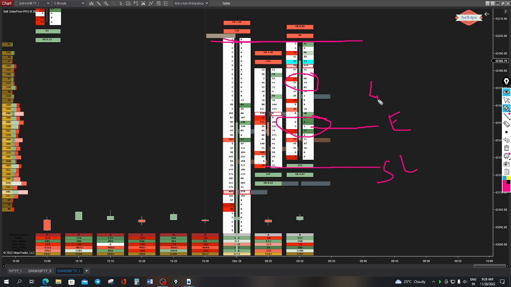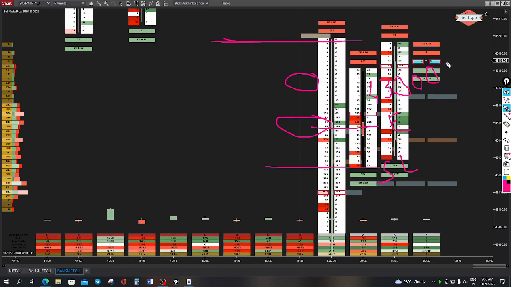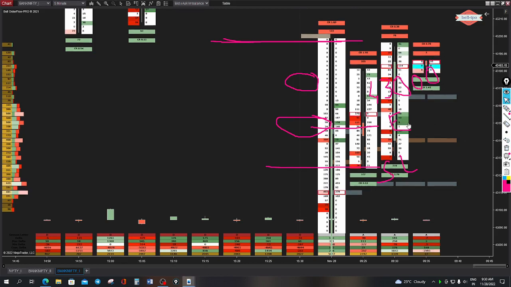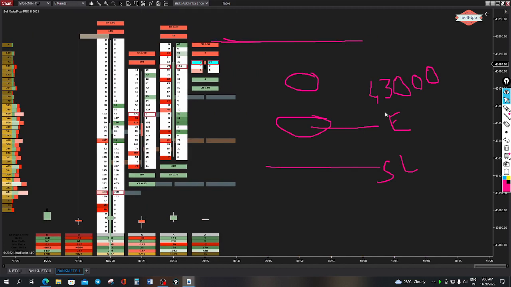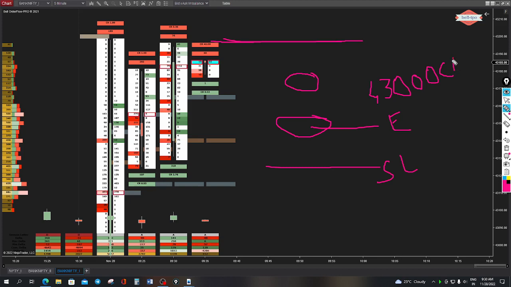Entry at 205. Expecting it to break. Some aggressive buyers here.